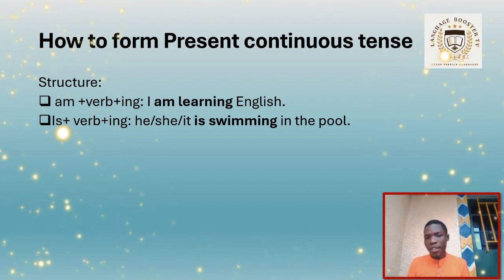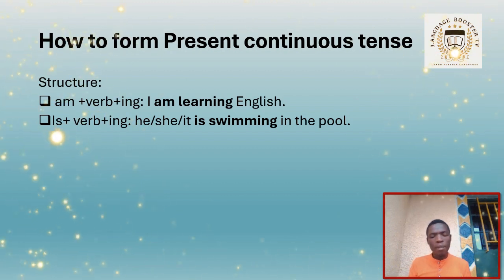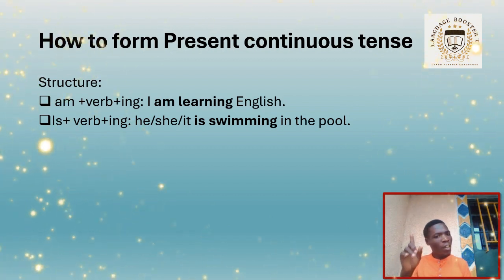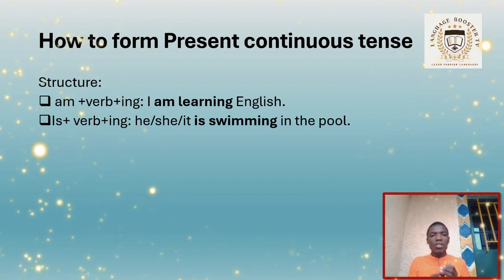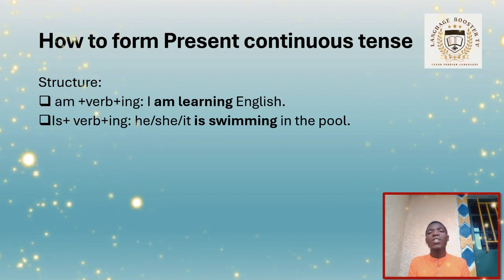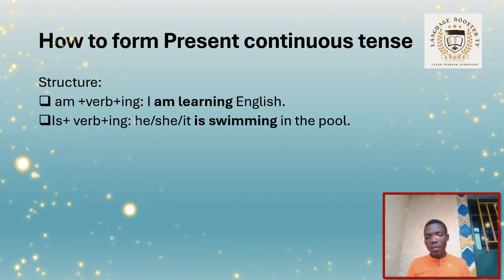Remember that he can be replaced by the name of the boy, she can be replaced by the name of the girl, and it can be replaced by the name of one or singular thing. So we can say John is swimming, Gaera is swimming, or fish is swimming in the pool.